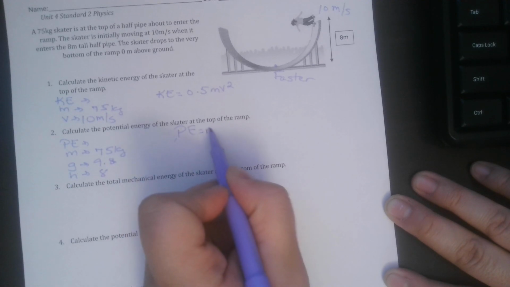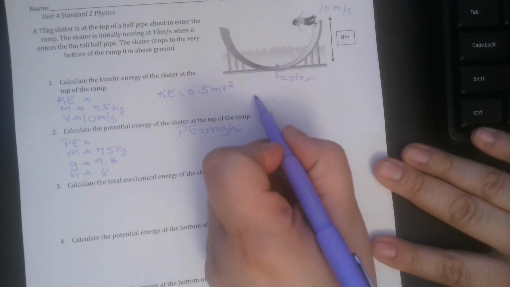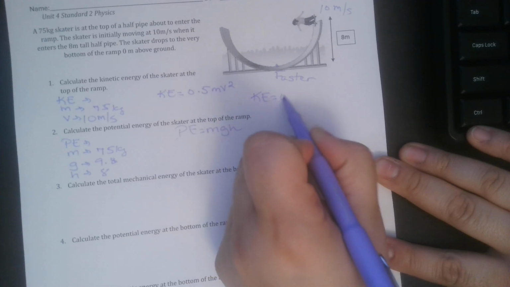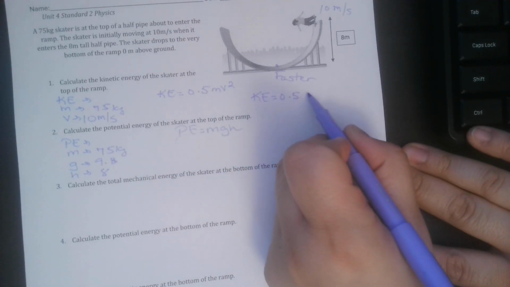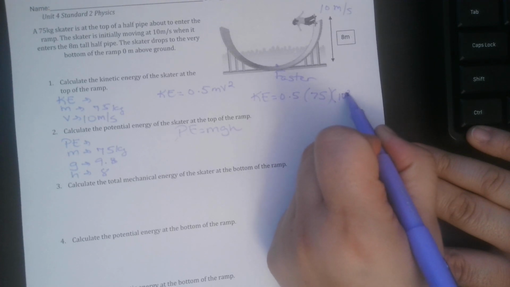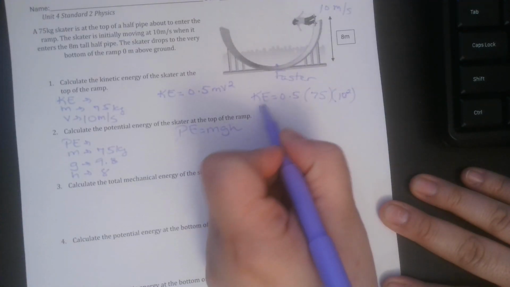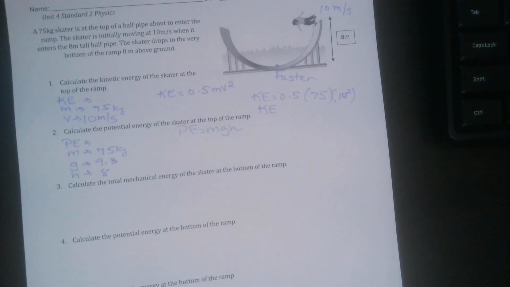PE equals mgh. So when you put these on the calculator, especially for the kinetic energy, 0.5 times 75, 10 is the only number that is squared.